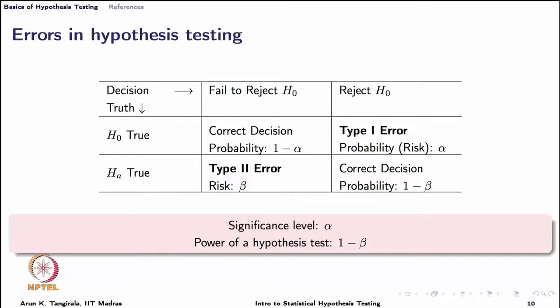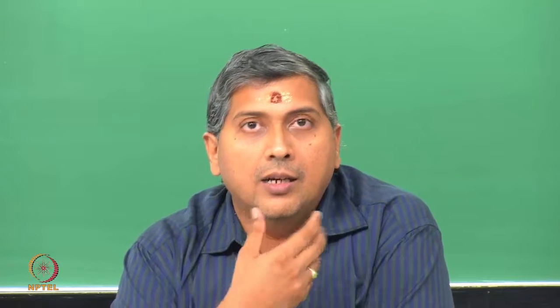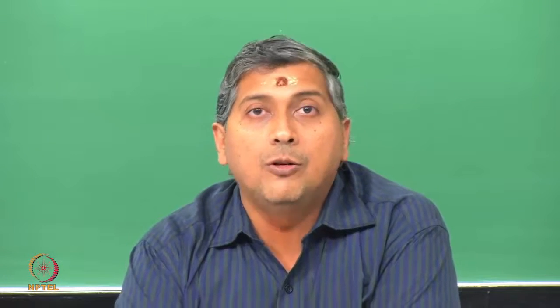Well, let us go to the example of this jury trial, which we talked about in one of the previous lectures. In a court of law, the null hypothesis is always that the accused is innocent. That is the null hypothesis that the judge keeps in mind and the lawyer also keeps in mind, and it is a prosecutor's burden to provide sufficient evidence to prove that the null hypothesis has to be rejected.